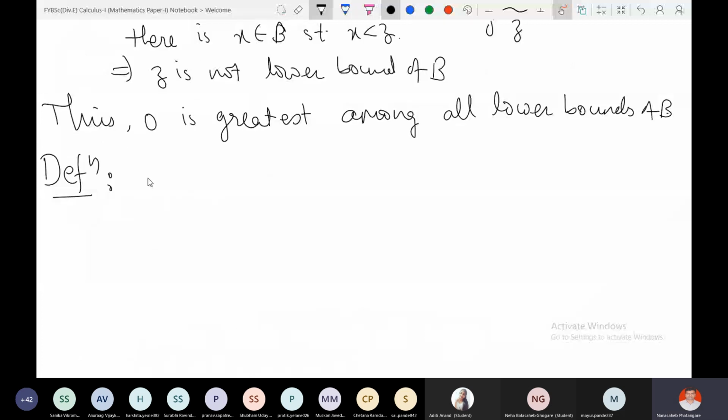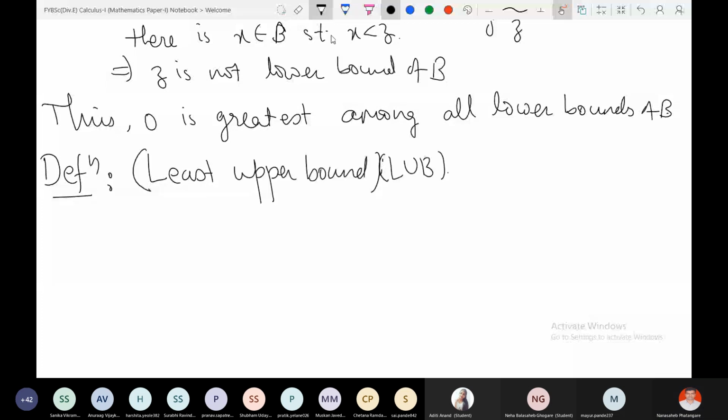Least upper bound, or LUB, of a set. What is the definition of the least upper bound?